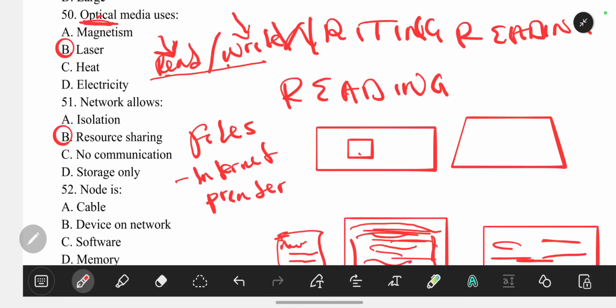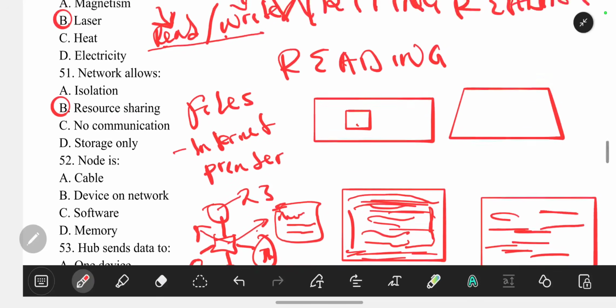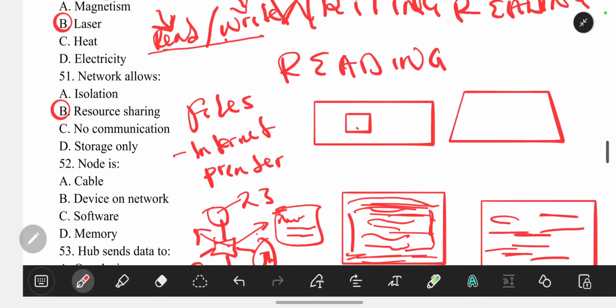This is the same idea, whereby we could have, let's say, 4 computers and 1 printer. These computers can share 1 printer. You want to print out the word here, this printer is able to print it out. If you want to print out the number 23, it is able to print it out. So you can share resources via the use of a network.